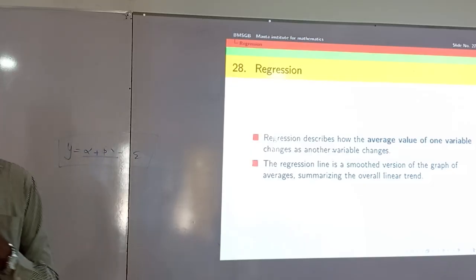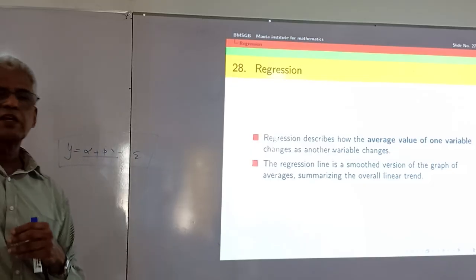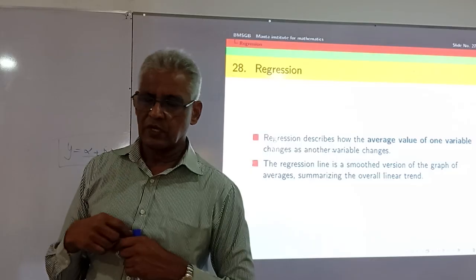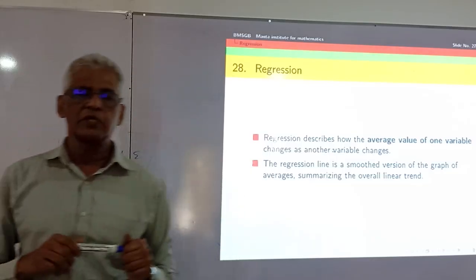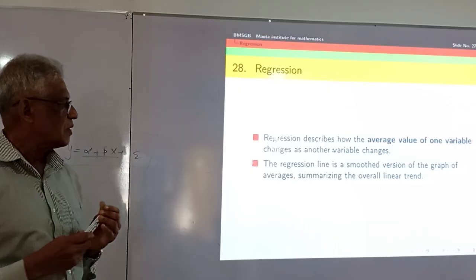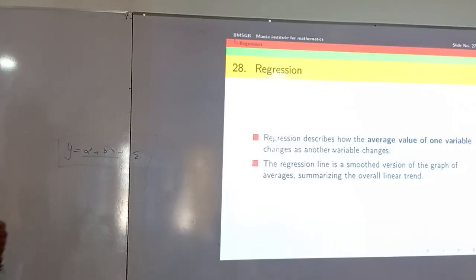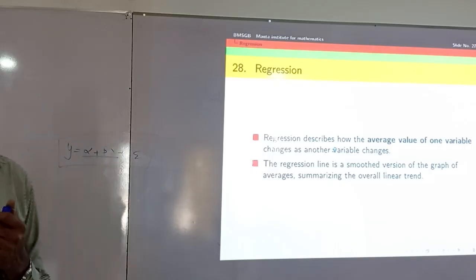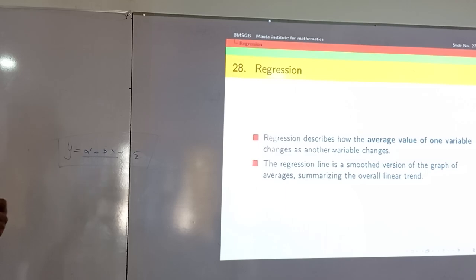Right? For a given x, there can be several y values that we have observed. We may have several observations at the same x, but the y values will be different. So there is an average, and if you consider another x, then again there can be several y values at that x value, and then there will be an average.